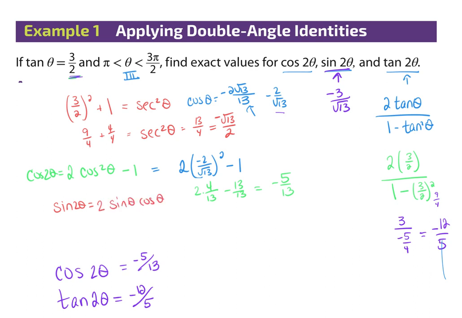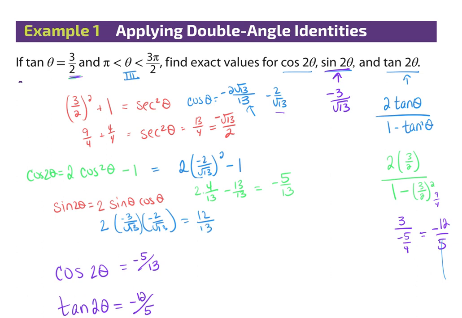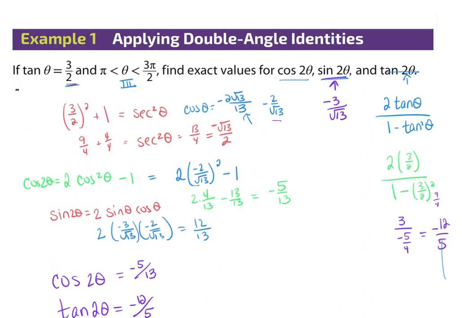And I now have both of those pieces, so I'm just going to plug it in. I have 2 times negative 3 times negative 2. That gives me a positive 12. Square root of 13 times square root of 13 is positive 13. So those last two pieces help me get the last thing I'm looking for, which is the sine of 2 theta.